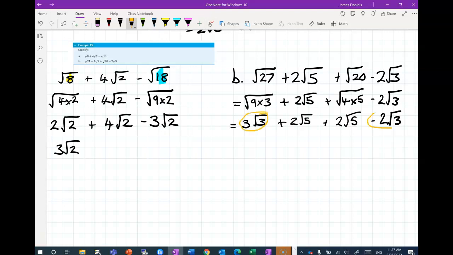I'll take the operation with it, make sure I get them correct, and then I have the 2 with the square root 5s here. 3 lots of square root 3 minus 2 lots of square root 3 just leaves 1 lot of square root 3. 2 lots of root 5 plus another 2 lots of root 5 would be 4 lots of root 5. And I've completed that question.